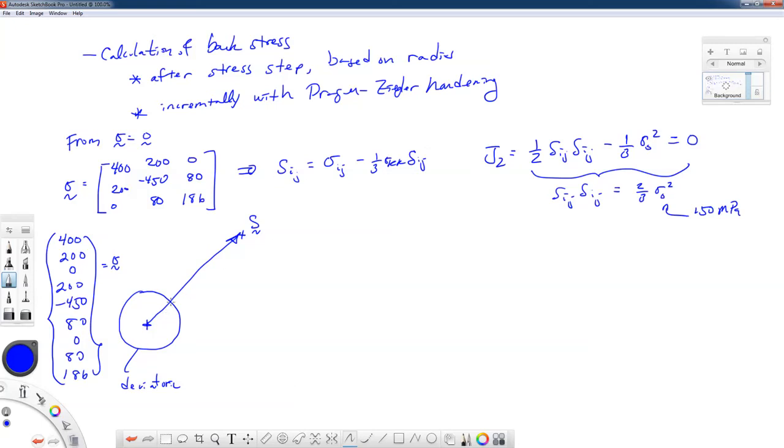We made an elastic jump to here, and then we incremented this in deviatoric stress space by ds, or in regular stress space d sigma, and we calculated the plastic strains based on the normality flow rule, and we said that the total strains are equal to the elastic strains plus the plastic strains, and these are tensor quantities.